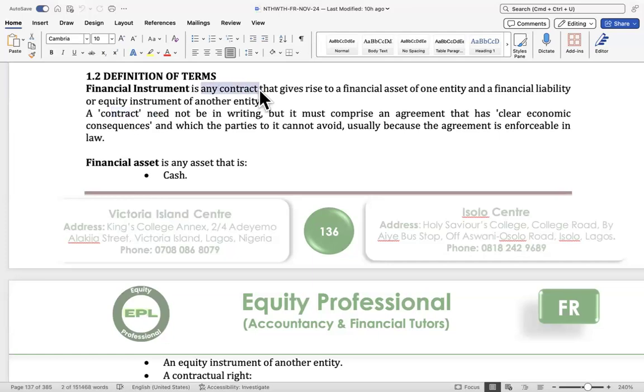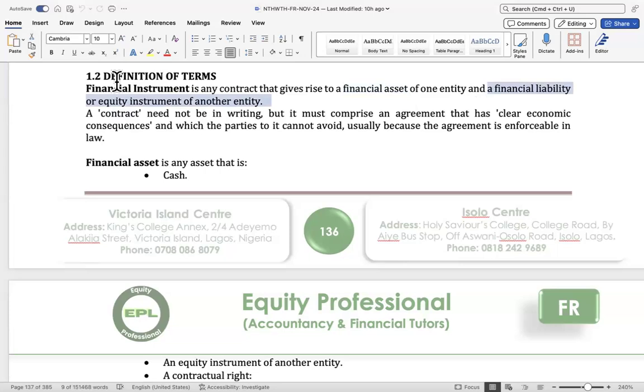And this contract will give rise to three things. Number one is it's going to give rise to a financial asset of one entity. That's one on one side. And a financial liability or equity instrument of another entity. That's the second part.